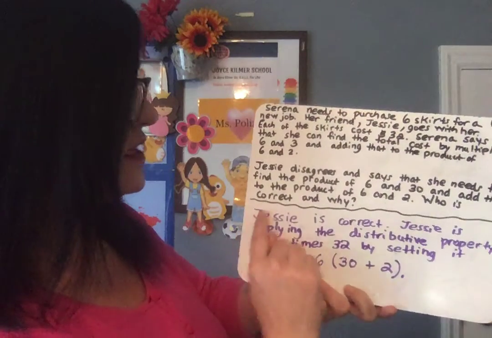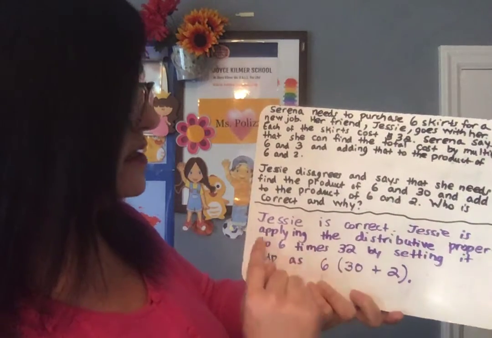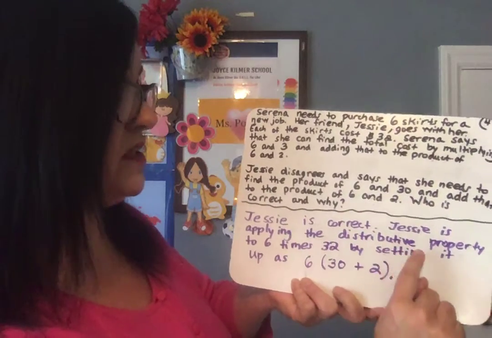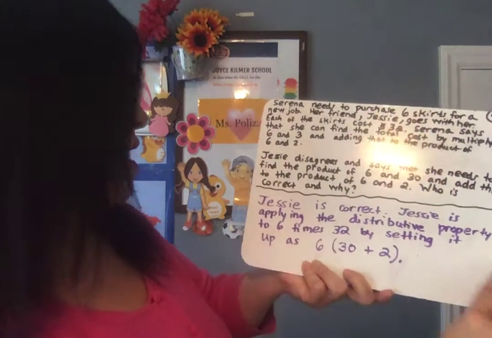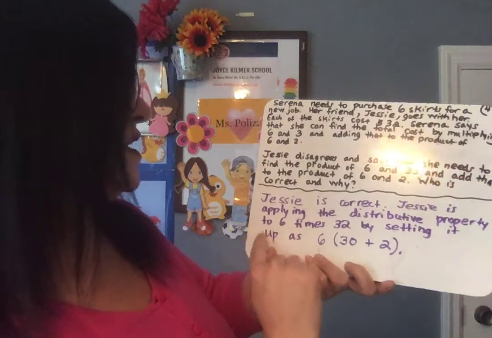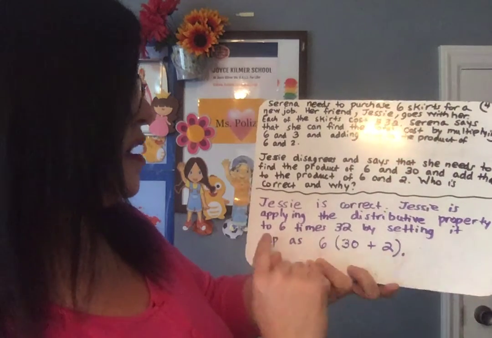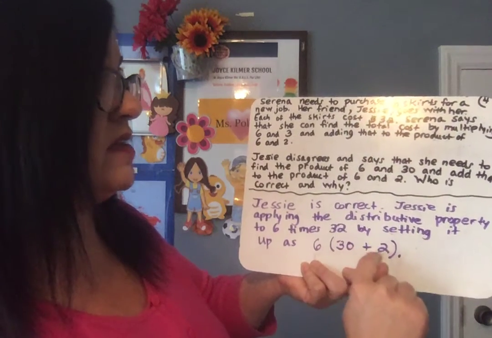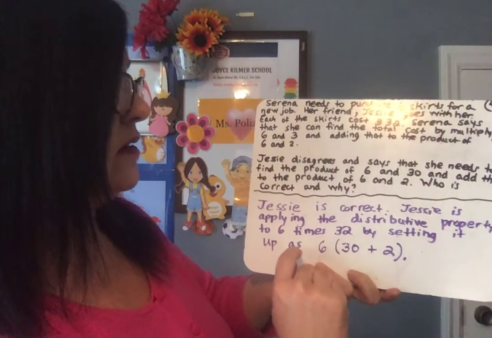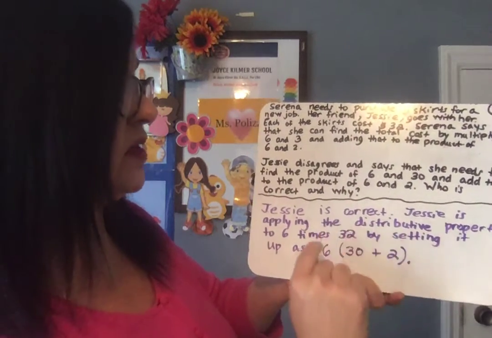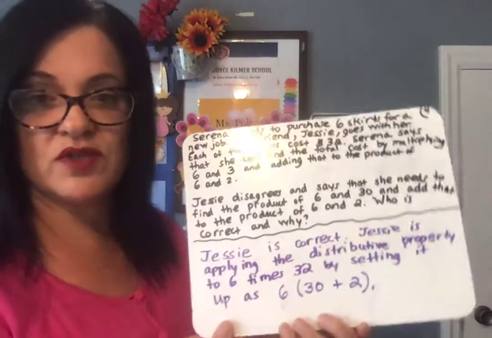So I wrote Jessie is correct. Jessie is applying the distributive property, which is 6 times 32, by setting it up as 6 times 30 plus 6 times 2. And that's what you would do in that case.